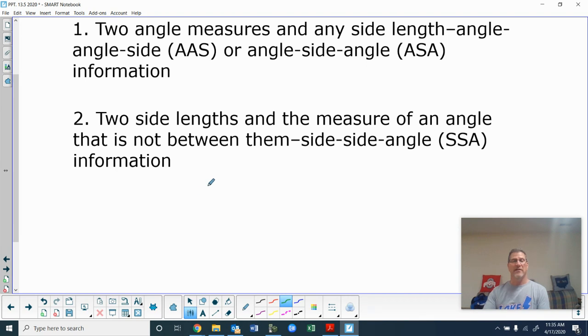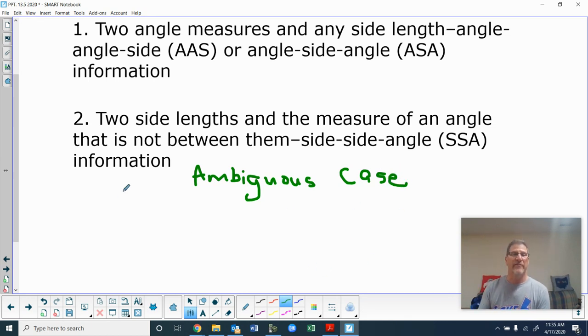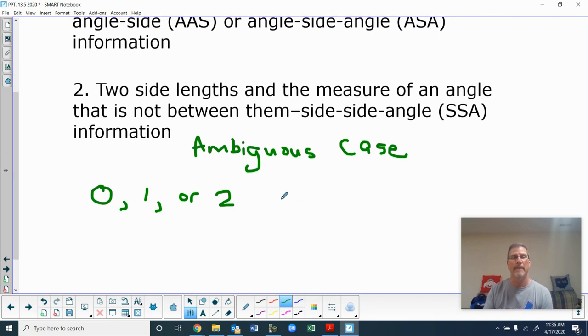They call this the ambiguous case, because when you have two sides and a not included angle, you could have 0 triangles, 1 triangle, or 2 triangles in that situation.